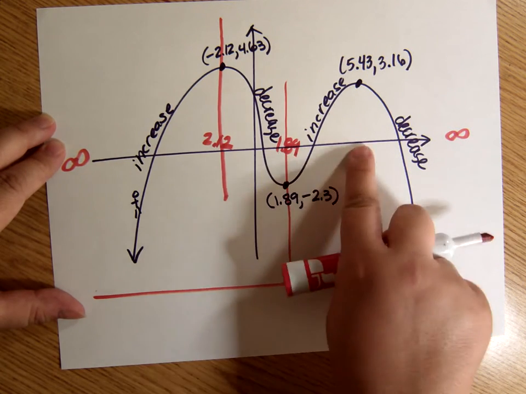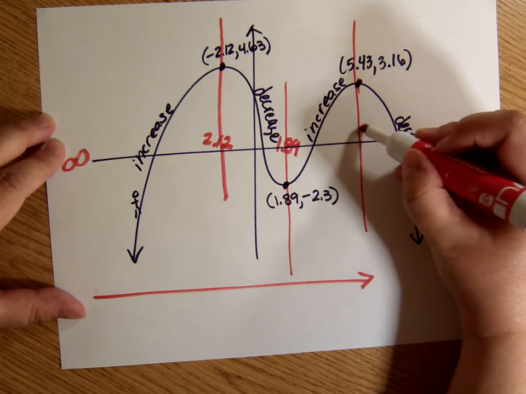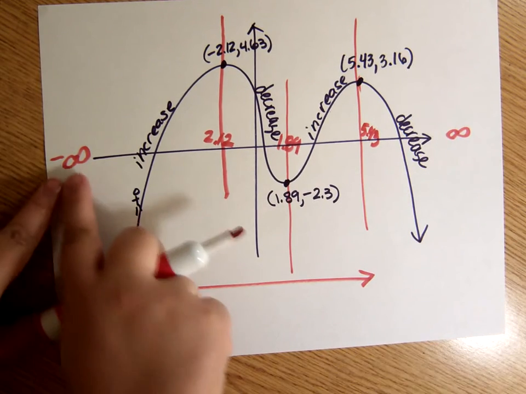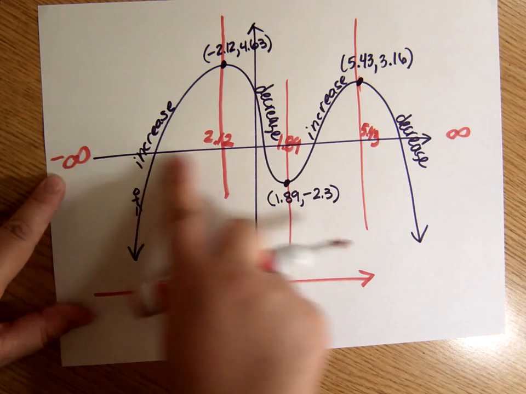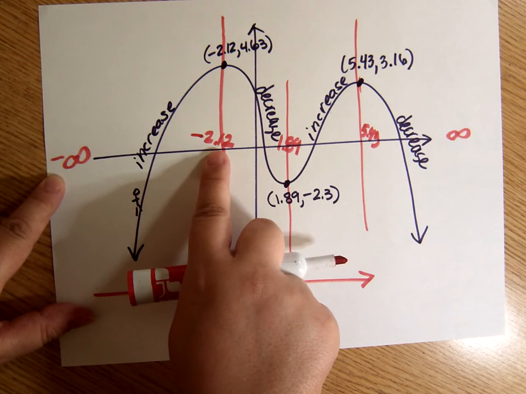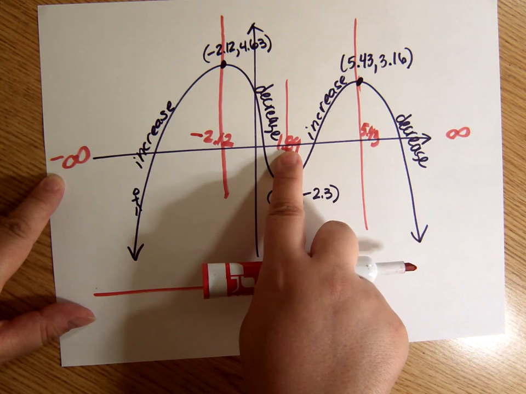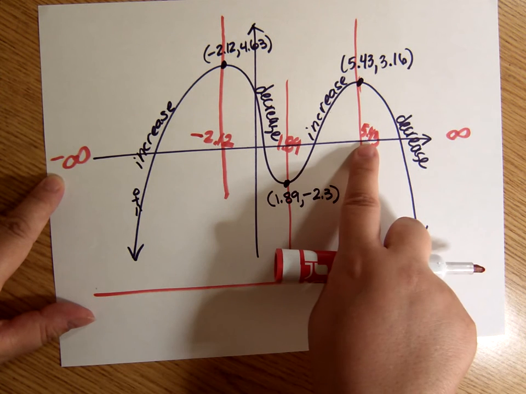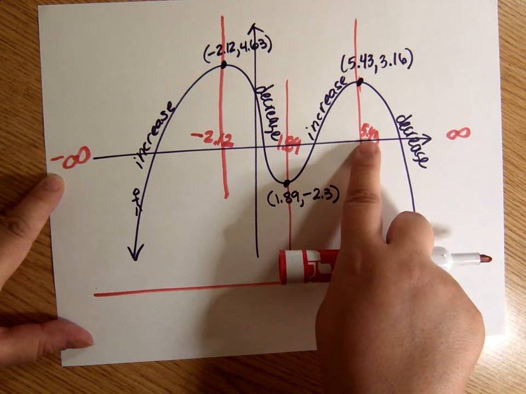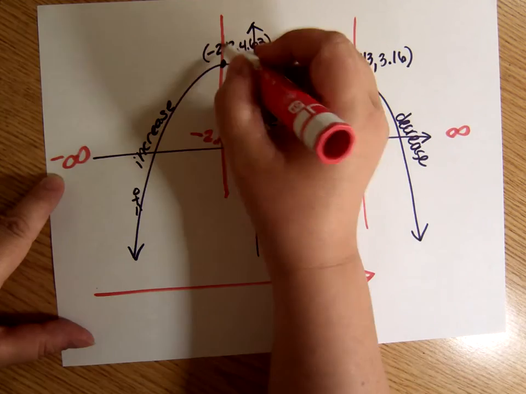And now when we get to the point where x is 5.43, something changes. So our intervals are going to say from negative infinity to negative 2.12. Then I'm going to have an interval from negative 2.12 to 1.89. Then from 1.89 to 5.43. And then my last interval will be from 5.43 to positive infinity. So all of these things are x values.